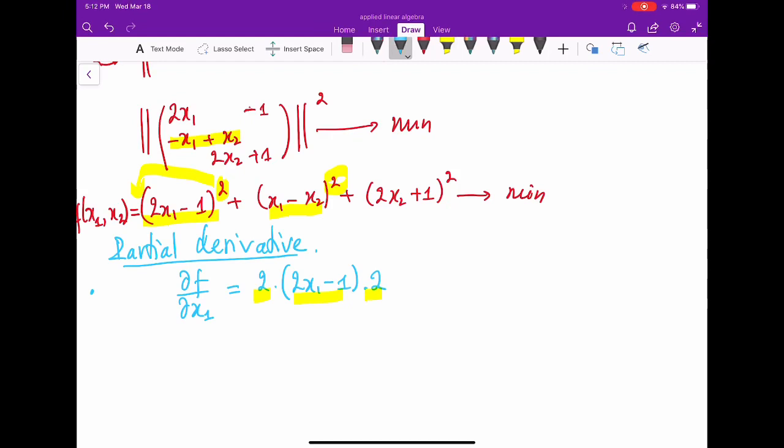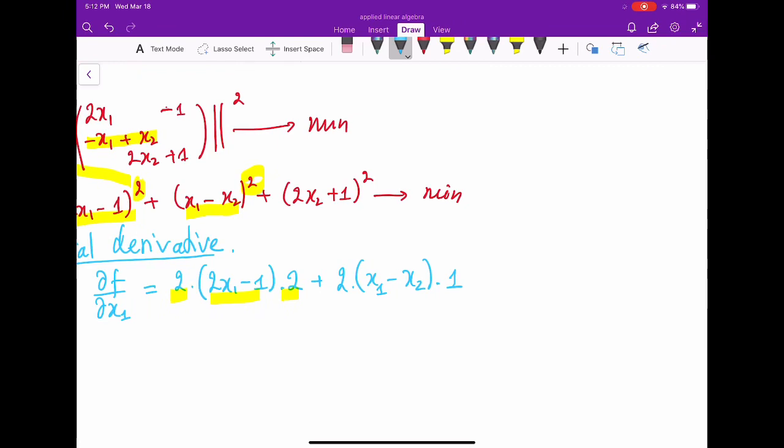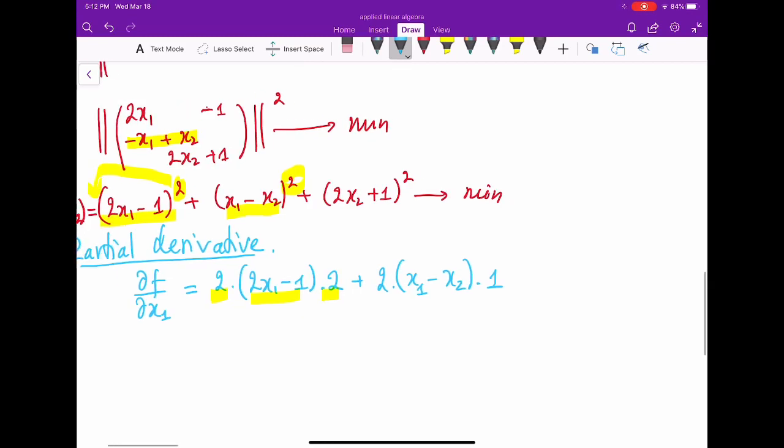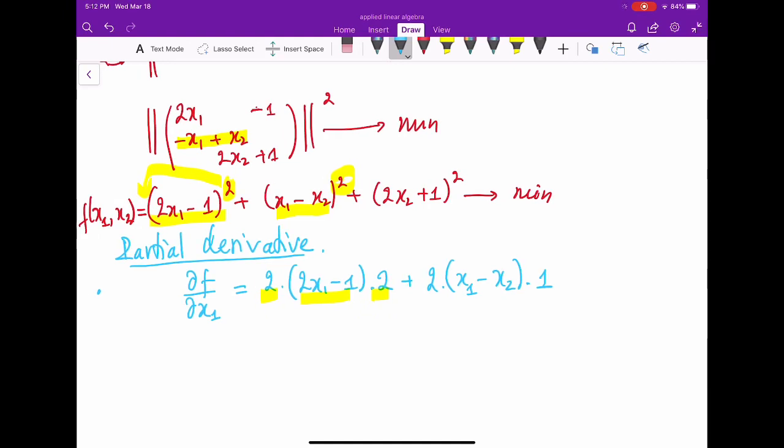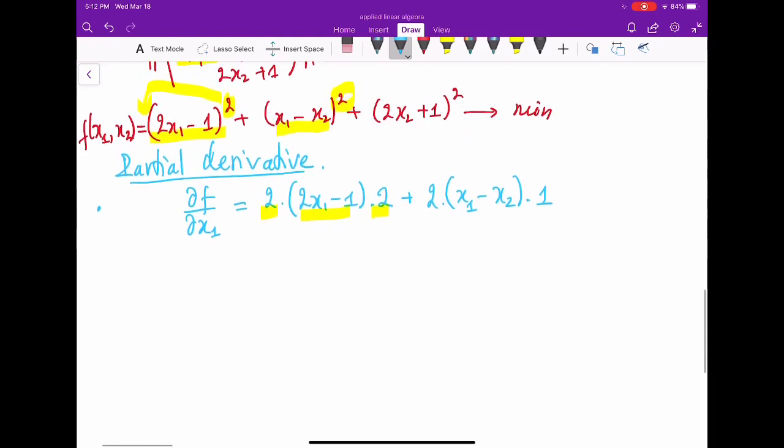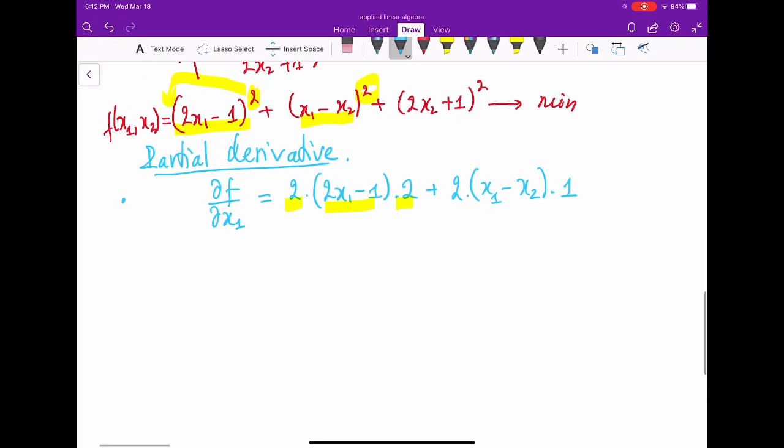I get plus 2 times x1 minus x2, and I differentiate the inside with respect to x1, I get 1. And the last term does not have x1, so the derivative of the last term with respect to x1 is just 0. I hope you still remember this. We did this one time. But anyway, let's do that together and simplify this.